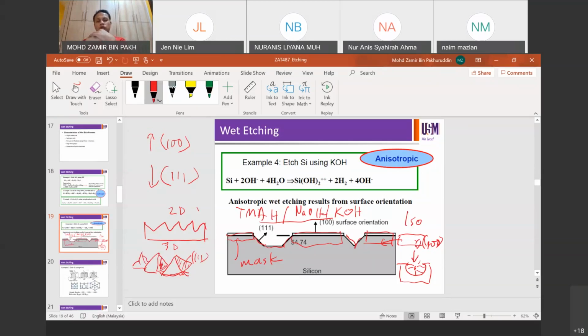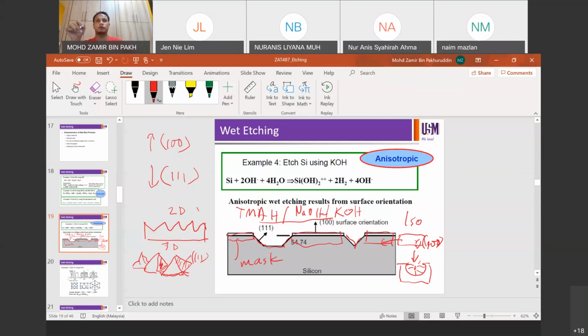So when you use wet etching, you're going to produce surface structures, for example, pyramids. It's going to be random in nature. It won't be periodic because it's not replicated by a lithography process. If you use lithography, then you're going to use the reticle and everything to replicate periodic structures. But for wet etching, the moment you etch, either isotropic or anisotropic, it is going to be random in nature.